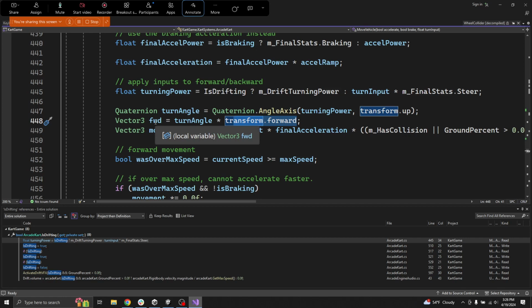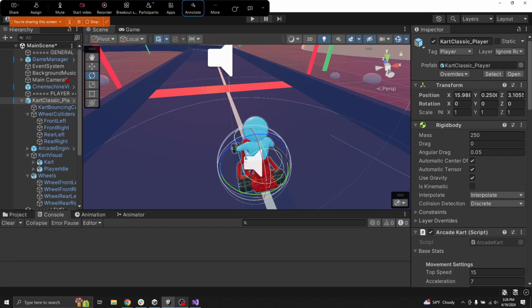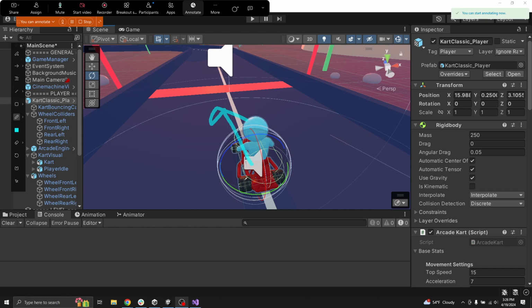So I'm guessing this is our forward after our turn. So our transform.forward is where we're pointing right now, right? So we're pointing down the road. And after the turn, let's say I'm holding on to the A key pretty strong for a lot of time, and we get this turn axis, it's saying, okay, we're going to be doing something like this.